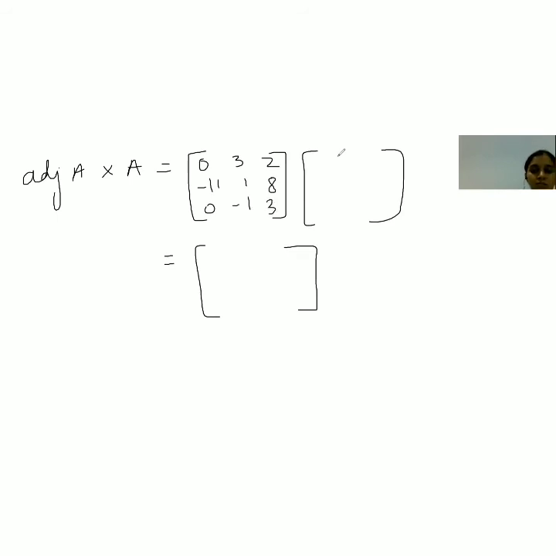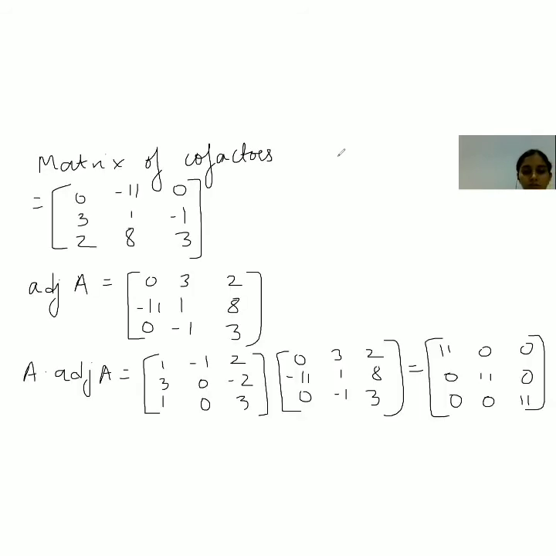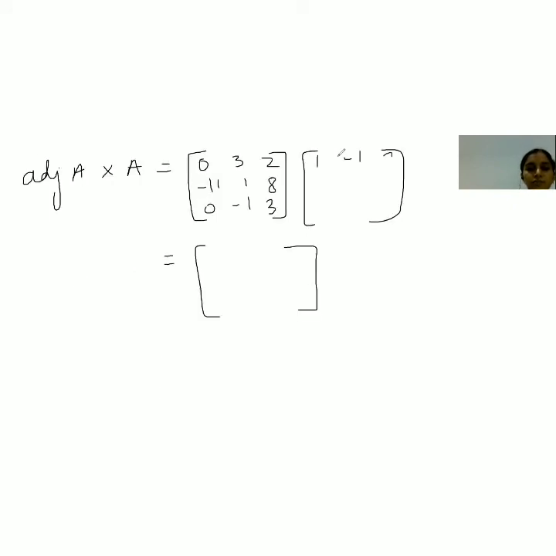And then the A matrix, 1, minus 1, 2, 3, 0, minus 2, and 1, 0, and 3. When you multiply in this order also, we get the same answer.